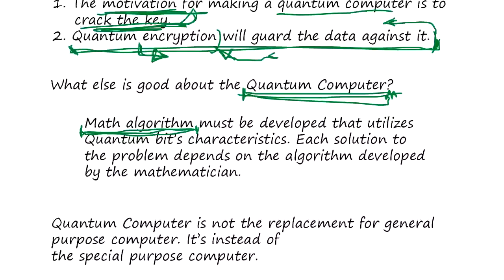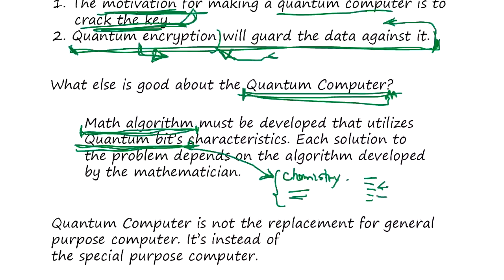But by using that math and entangled quantum bits, there are many other applications, like chemistry and other search problems. Generally, when there are many cases and you have to search for the exact right one, that kind of algorithm is useful.